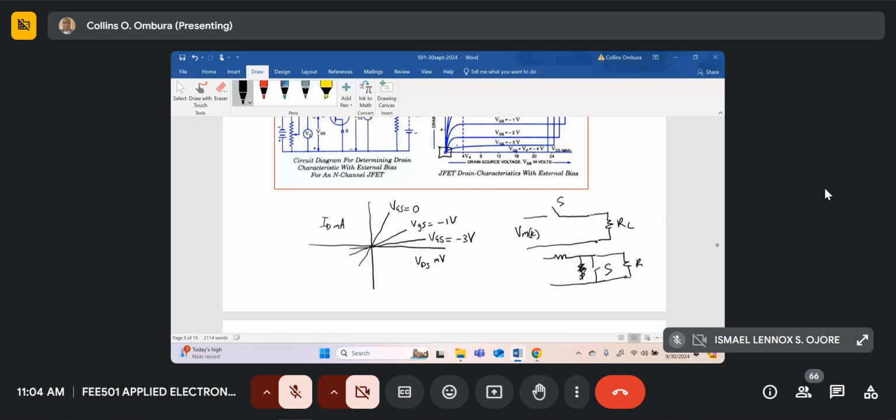And this is your input signal, or most of the time, maybe I'll just be calling it VG. So the voltage across the switch is going to be very small, because when you're setting choppers, we're considering amplifying very low level voltages, which can be considered to be almost DC.